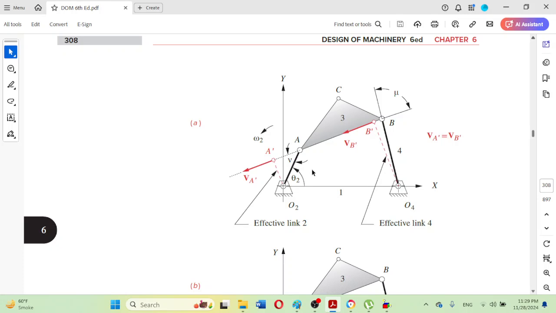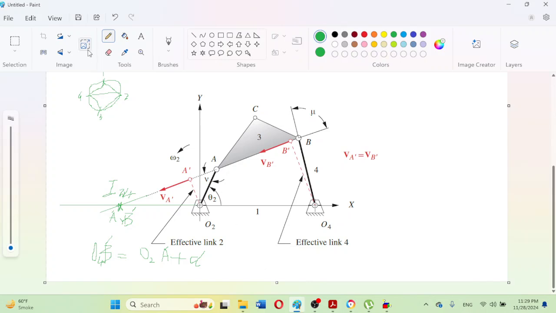In the extended case, it means when this AB will be collinear with this O2 A dash, on the same straight line, and that will be the extended case here, and the other case will be the overlapping state. Means for example I can show it here, this thing.